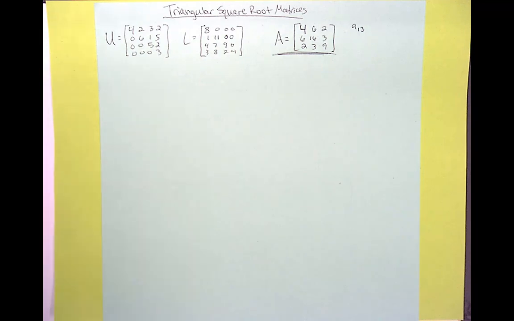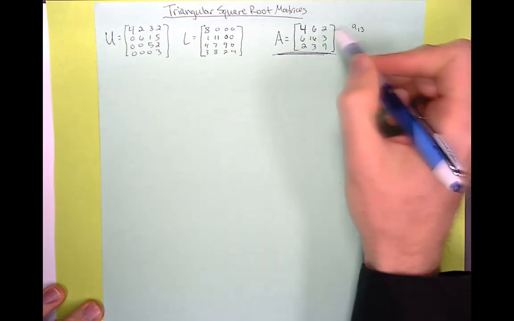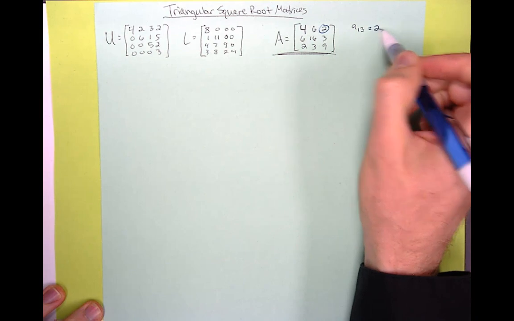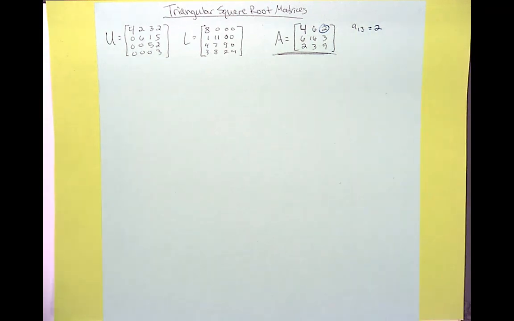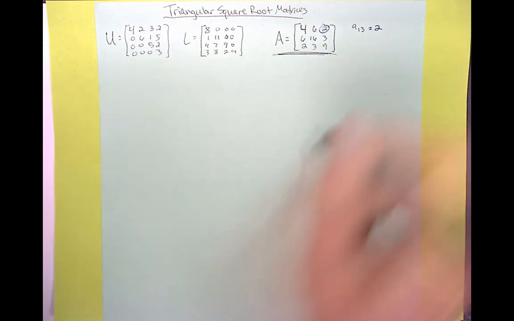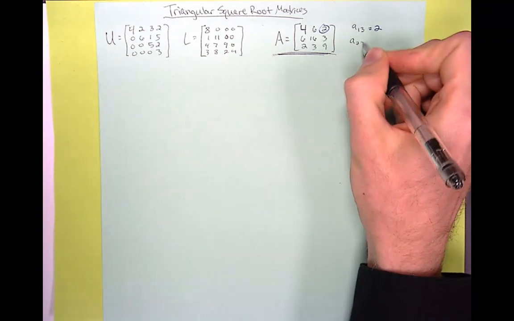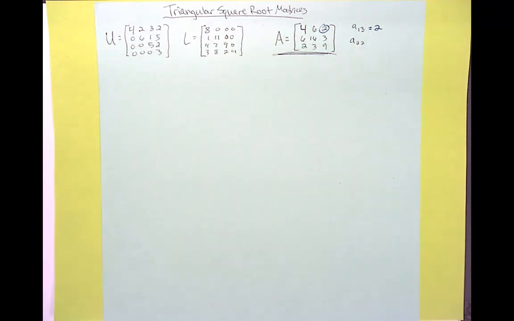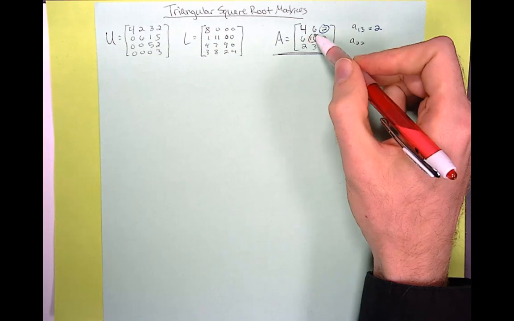So A1,3 would be 2. And let's say A2,2 would be the second row, second column, and the value there is 16.